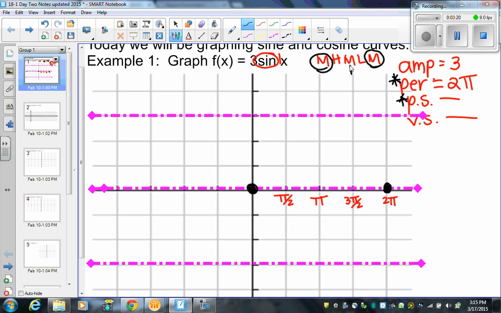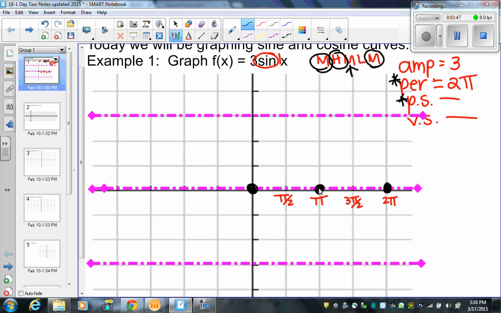Now I'm going to graph the middle of the 2 points. So my first point on the midline, my last point goes on the midline. Halfway between would also be at a middle point on the midline. So halfway between 0 and 2 pi would be pi. Now I've got these 3 points placed. Halfway between our first 2 middle points is going to be a high.